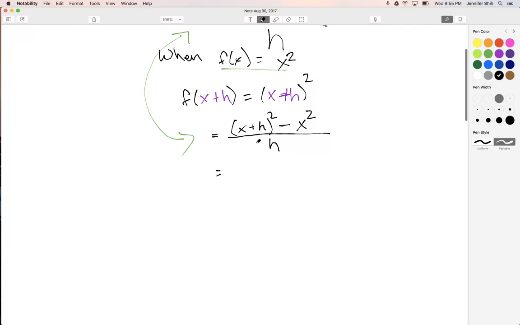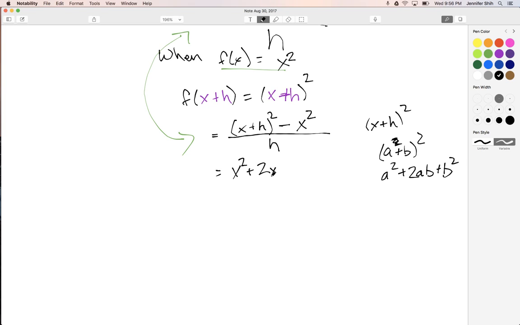Okay, continue to simplify this. x plus h is going to be a square, and what would be really helpful for me is if you just memorized a plus b quantity squared as a squared plus 2ab plus b squared. That way you don't have to do box method or FOIL a million times. This should be automatic, and you should become more comfortable with it. So it's the first term squared plus 2 times the product of the two terms plus h squared, minus x squared.